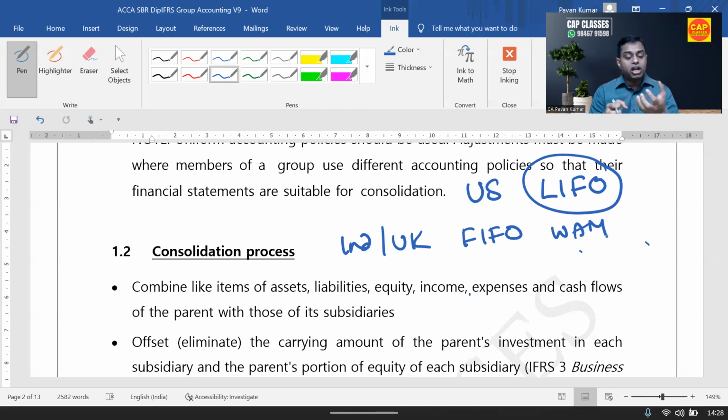No, these are not comparable, because the first 1 million of the first company is based on one accounting policy, one method. Another 1 million of the second company's inventory is based on another cost formula, another accounting policy, another method. So you cannot add A plus B is equal to C because they are not comparable now.